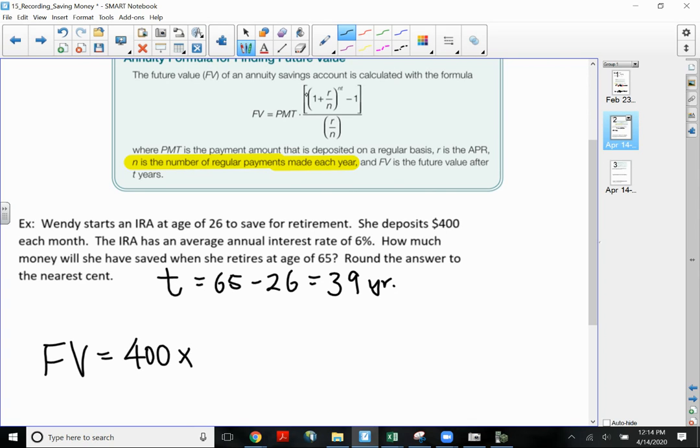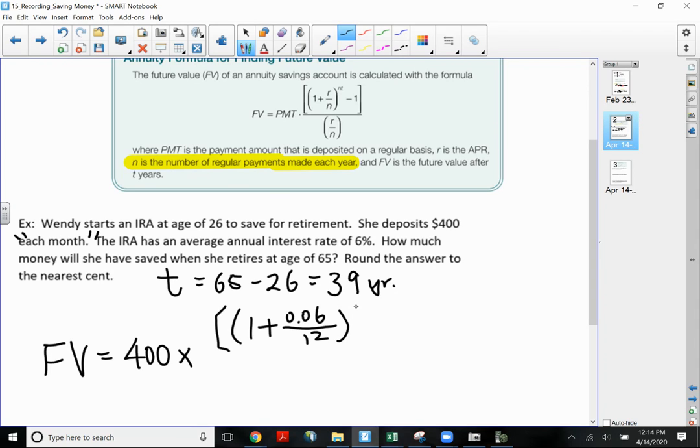times, the top has a big old bracket, parenthesis, 1 plus R, which is 0.06, divided by N. She's making payments monthly, so my N has to be 12 because she's making 12 payments a year.